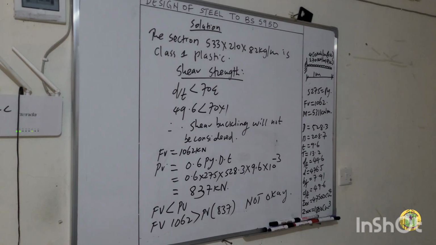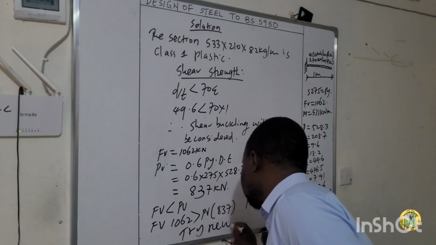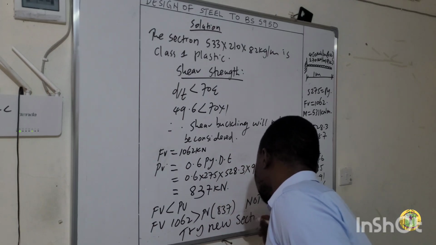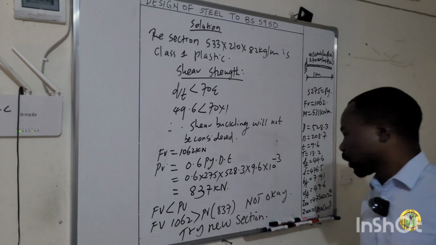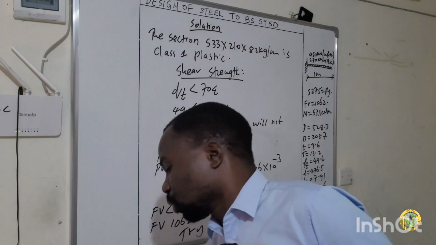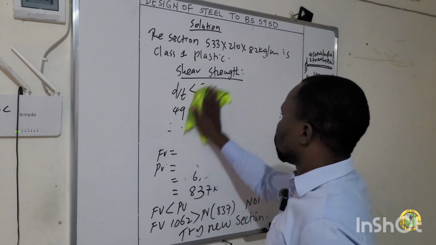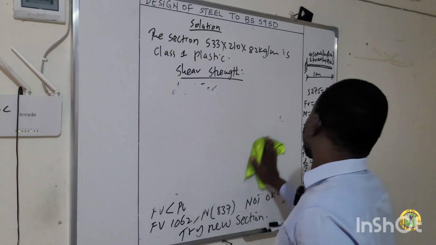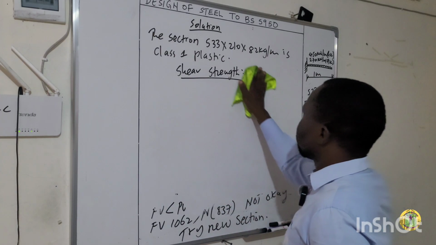So you will say try new section. You'll again go back to the universal beam table and try a new section. I will show you. As an engineer, you should design a section that will not fail either by bending or shear.